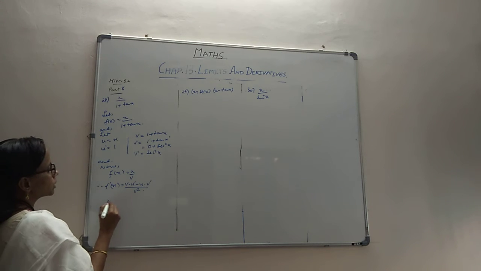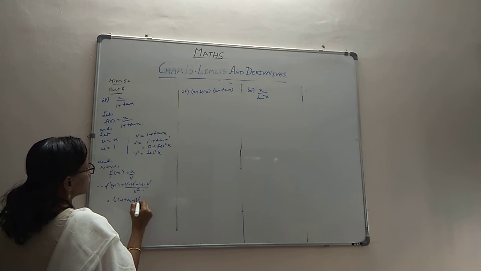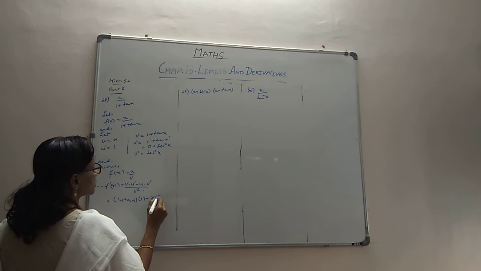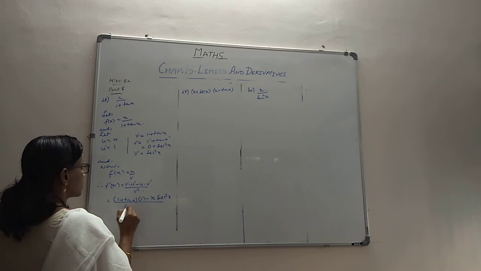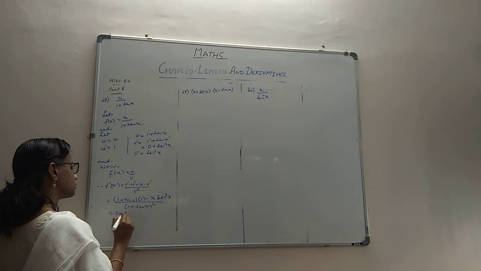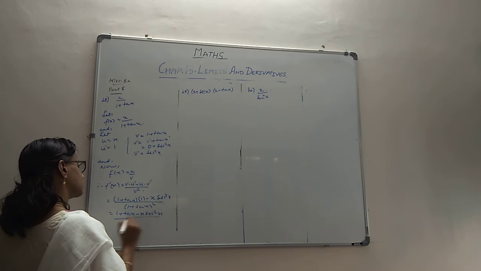So for us v is 1 plus tan x, u dash is 1, u is x, and v dash is sec squared x, divided by v squared, which is 1 plus tan x the whole square. There's nothing much that we can do, we can just keep it like that. That's it.